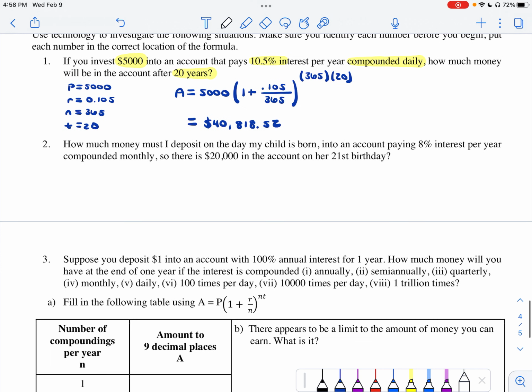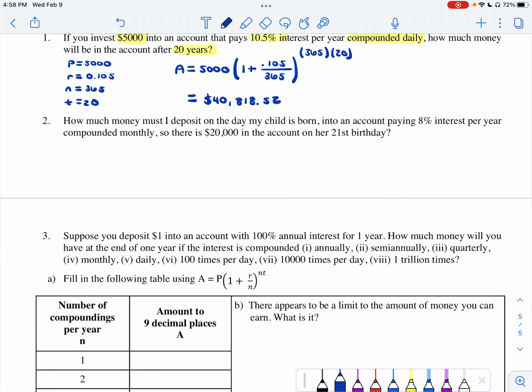All right, so this next one says, how much money must I deposit on the day my child is born into an account paying 8% interest per year, compounded monthly, so that there is $20,000 in the account on her 21st birthday? Okay, so let's again start by looking at what information we were given. So our R is 0.08, compounded monthly, so 12 months in a year, means that N is equal to 12.